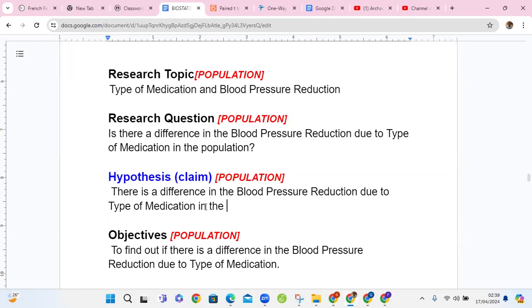So this is a hypothesis to be tested, to determine as the objective, or to find out if there is a difference in the blood pressure reduction due to medication in the population. So although the claim or the hypothesis is saying that there is, it is yet to be determined, which is the hypothesis test called one-way ANOVA.